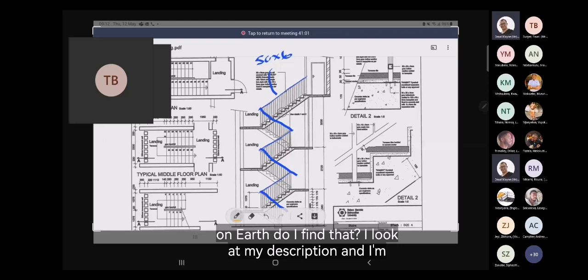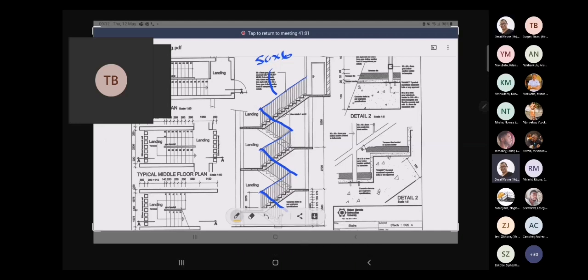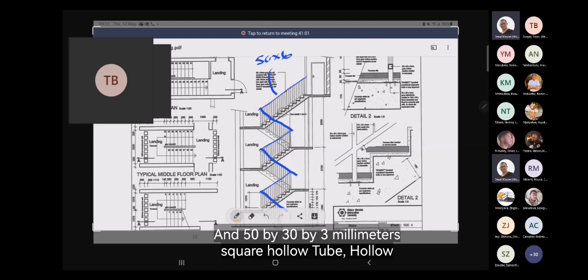Where on earth do I find that? I look at my description and I'm describing the staircase. I'm saying that this staircase is made up of the 50 by 6 millimeter flat raking continuous top rail and 30 by 30 by 3 millimeter square hollow section raking bottom rail.